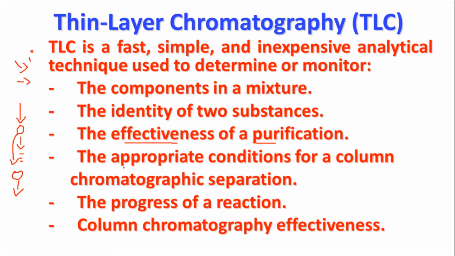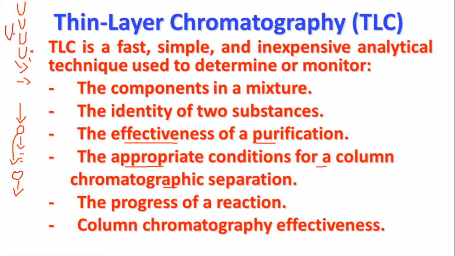Okay. Fourth one is appropriate conditions for column chromatography separation. Before we start the column chromatography, we must know something. What volume of sample is required? What concentration of sample do we require? What mobile phase are we using? How much time does the separation take? And how do we identify?